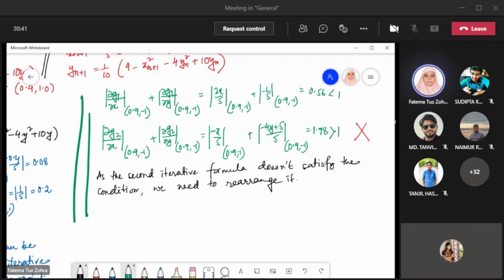So the second equation was x square plus 4y square minus 4 equals 0. So what can I write? 10y minus 10y plus x square plus 4y square minus 4 is equal to 0. So which can be written as y is equal to 1 by 10 of x square plus 4y square minus 4 plus 10y.